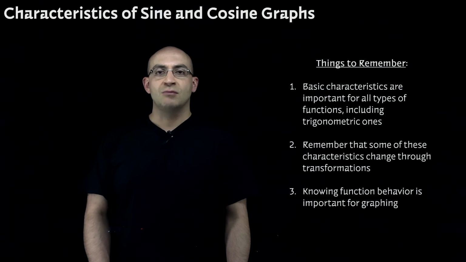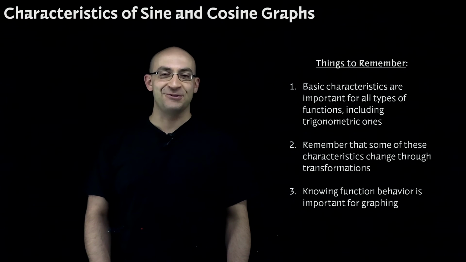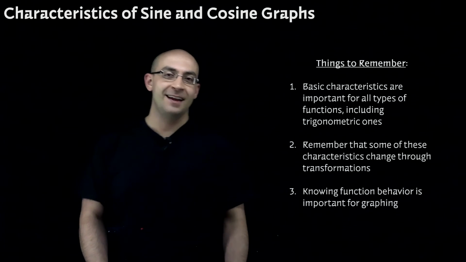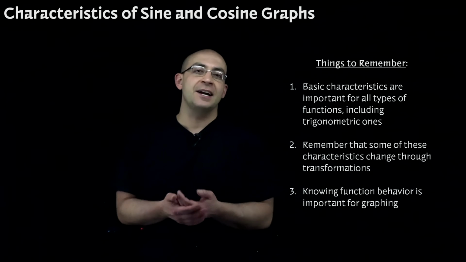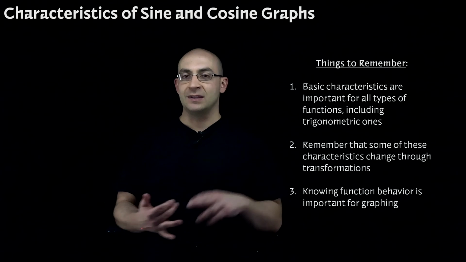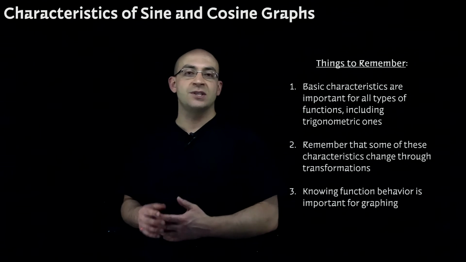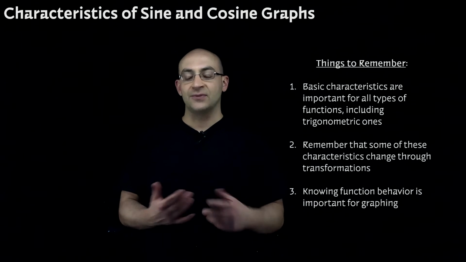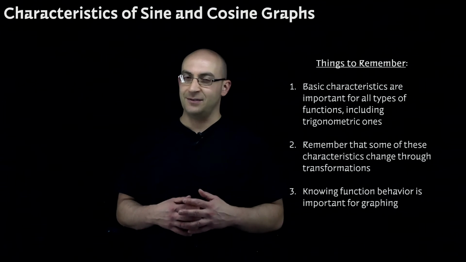Number 2, remember that some of these characteristics change through transformations, like I just said. And number 3, knowing function behavior. When we talk about basic characteristics, this is the function behavior. What is its domain? What is its range? What are the general characteristics that it has before things occur to it? That's important for classifying general characteristics, transformations, and even graphing into the future.